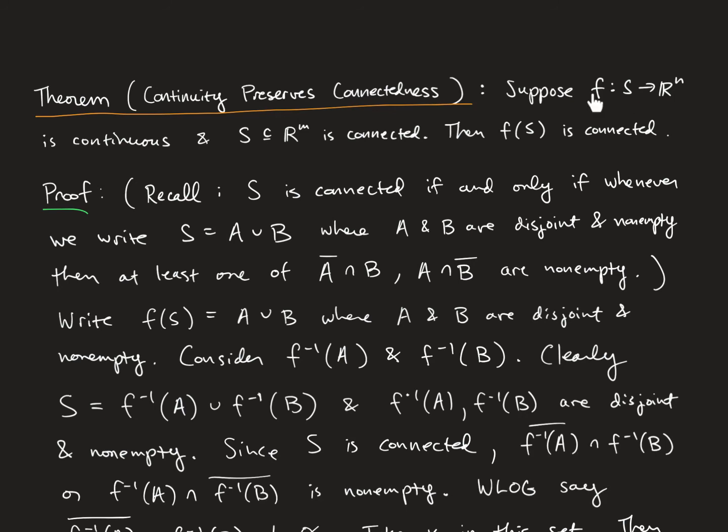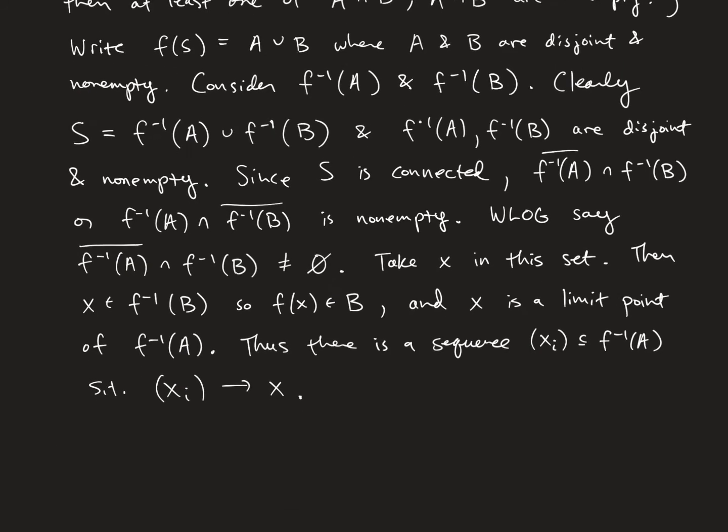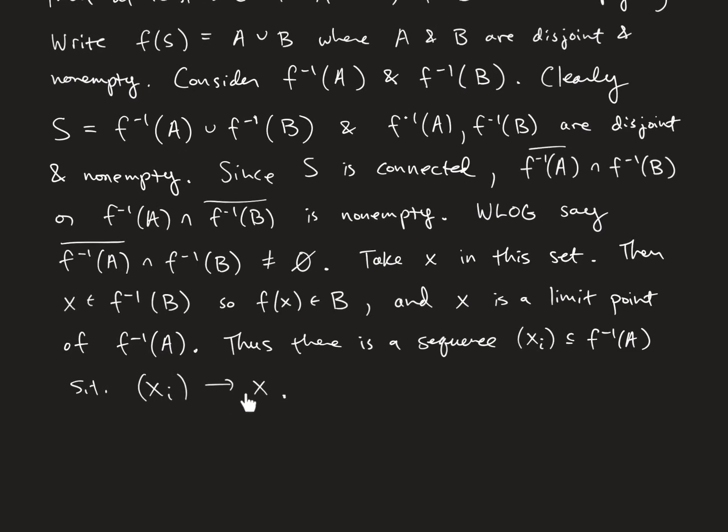So we have to make a transition back to the other side. And this is where the continuity comes in, because we have this converging sequence. Applying F to that convergent sequence will also give us a convergent sequence, because F is continuous.